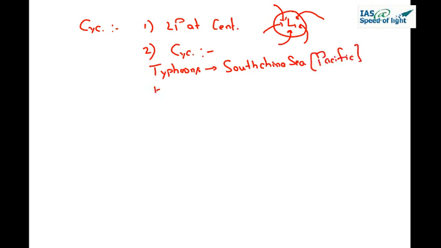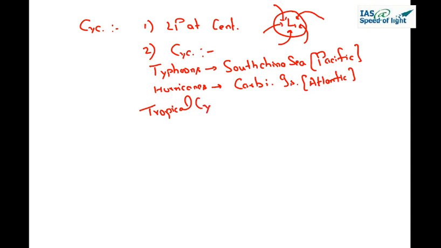They're known as hurricanes around the Caribbean islands, in the Atlantic Ocean. They are known as tropical cyclones around the Indian Ocean, that is around our Indian subcontinent. So these are the different names of the same concept: the typhoons, the hurricanes, the tropical cyclones.